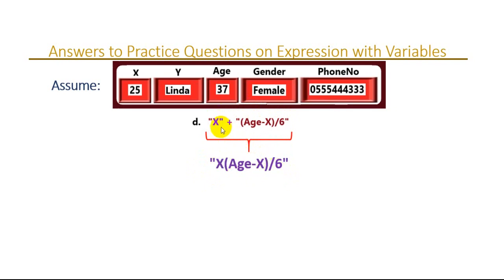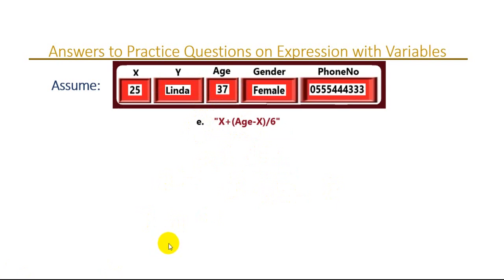When you concatenate x and this one, the result is x (age minus x) divided by 6. So if you get double quotes, do not put these values in and solve. Double quotes have the highest priority. These are alphanumeric constants, so the result is this. Remember that. Okay, D we have done now.